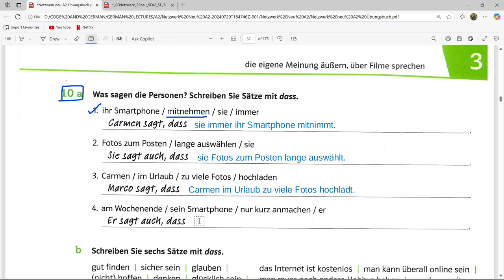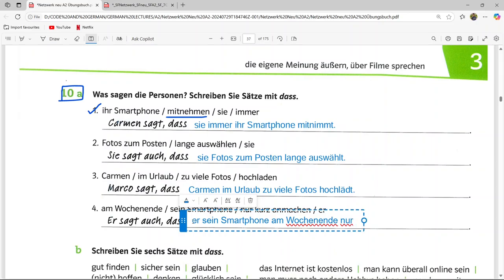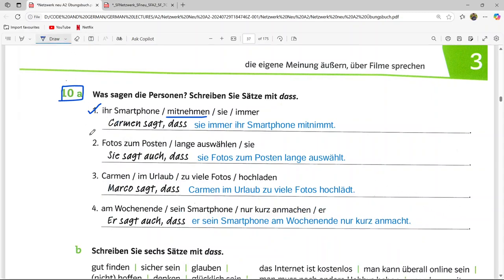So dass sein Smartphone am Wochenende nur kurz anmacht. Okay, so all the four are done.